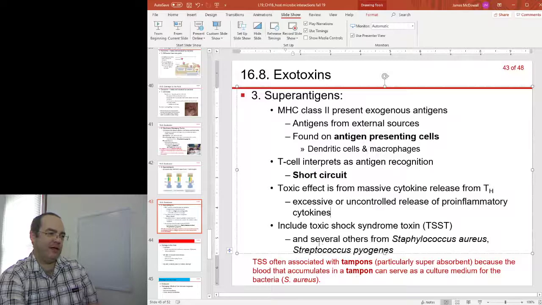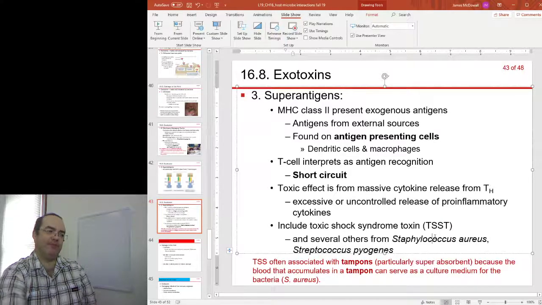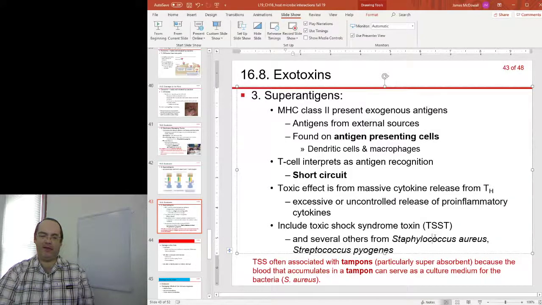Staph aureus, and once again our good friend strep pyogenes. You may have heard this in relation to tampons, particularly super absorbent tampons. The upshot is that the blood that accumulates in the tampons is a great culture media for bacteria, such as S. aureus.